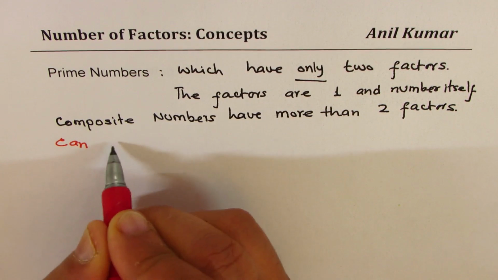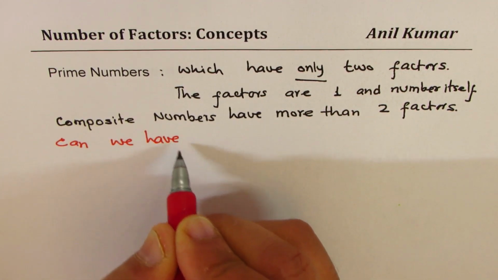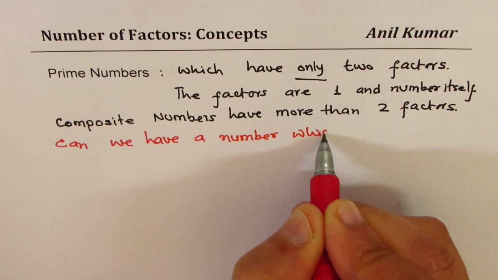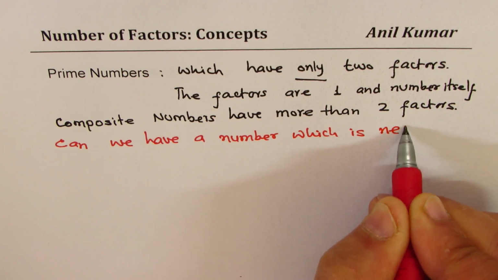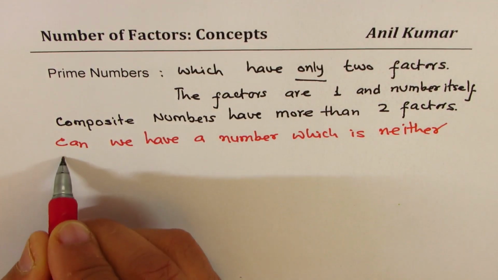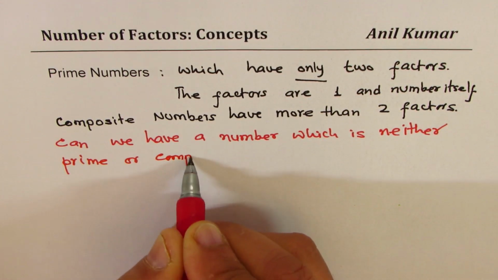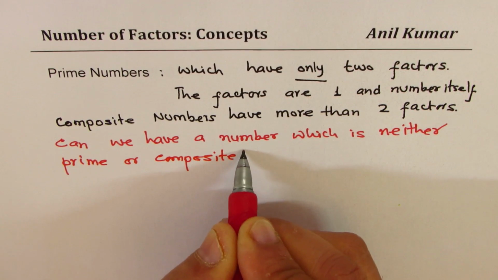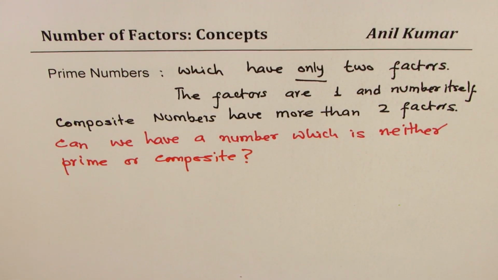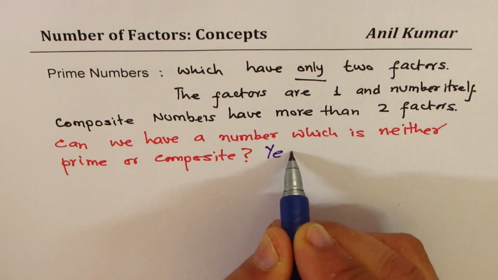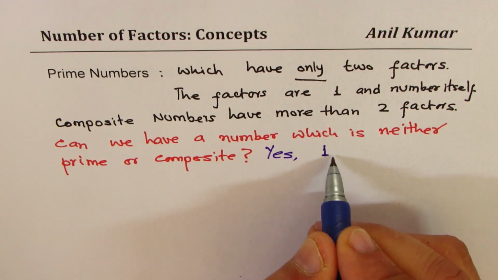That's the question. Think about it. So this is an extremely important question. And the answer is yes. Most of you must have got it, but it's tricky. Some may not get it, right? The answer is yes. And the number is 1.